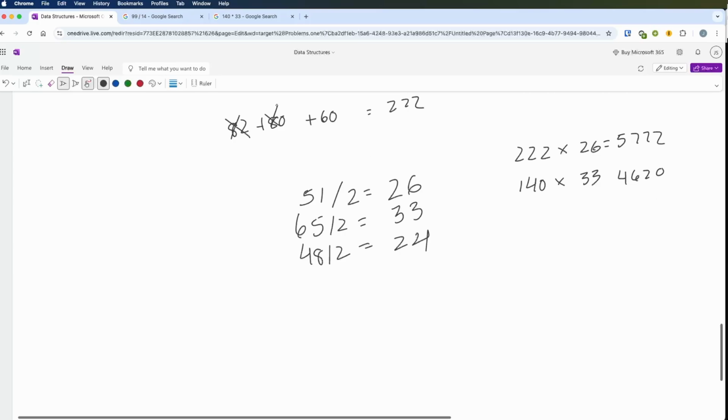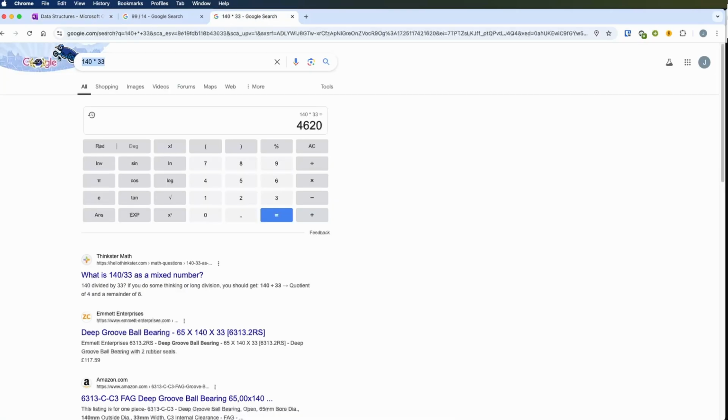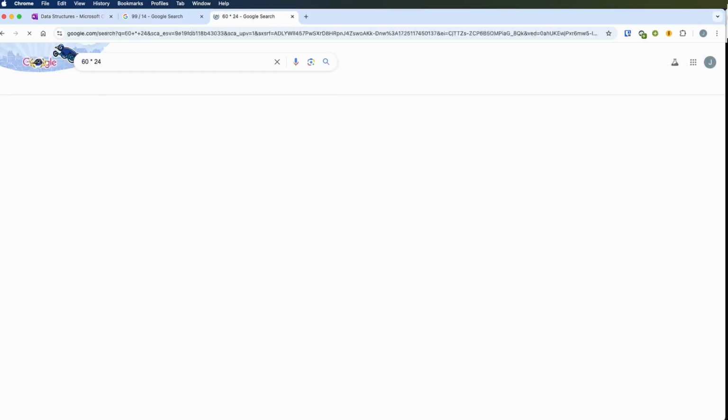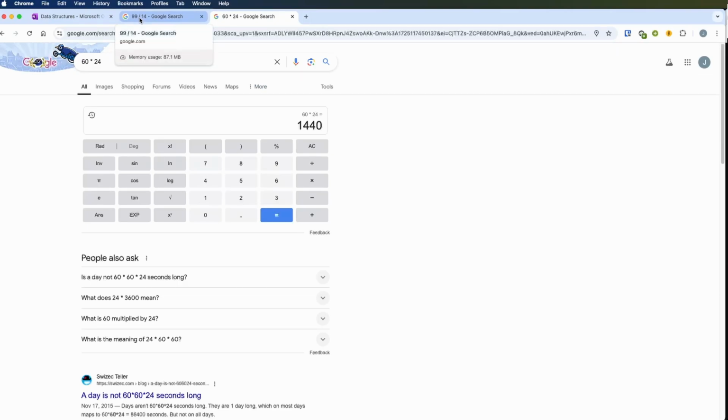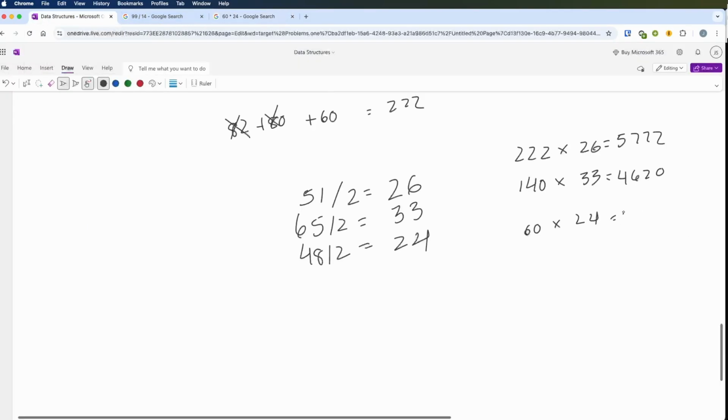So then we just have 60 times 24. So then if we add all this up, we get 5772 plus 4620 plus 1440.